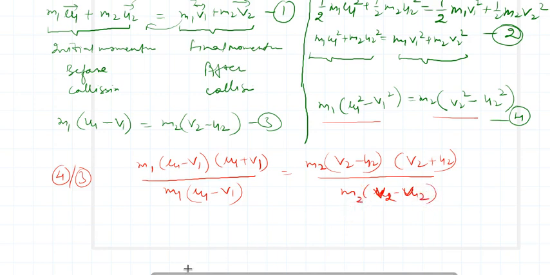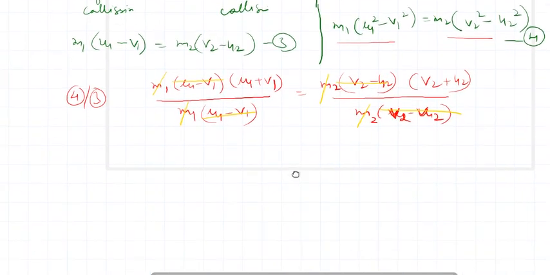My motive is to find the relationship between these velocities. So here this will cancel out. Similarly, this part will cancel with this, and this part will cancel with this.